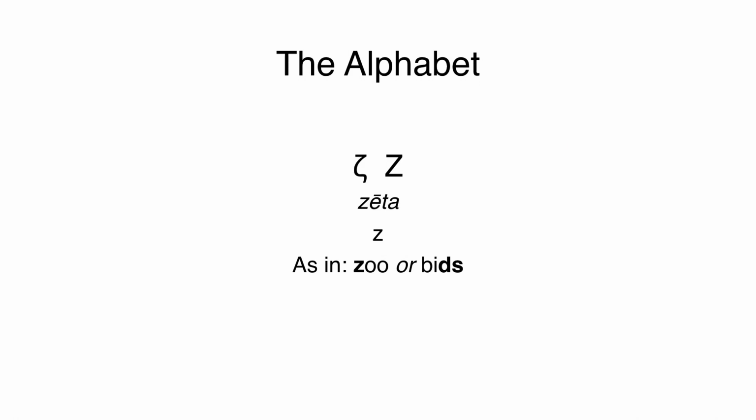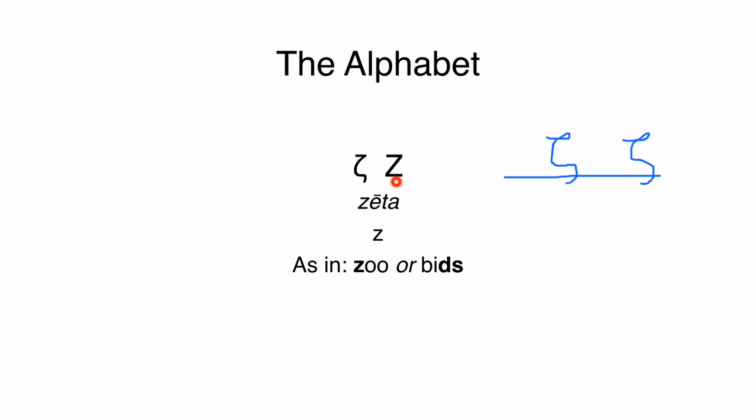Next we have zeta, or zeta. If we imagine our line here, this has a little twist at the top, curving down, and then hanging below the line with its little tail. So twist at the top, coming down, and a little tail hanging below the line.